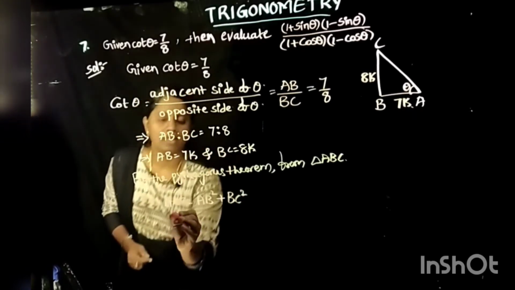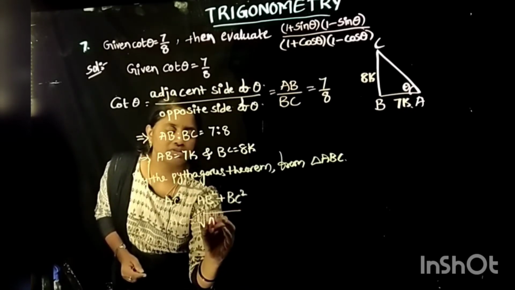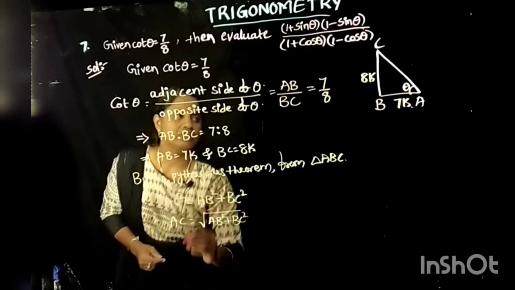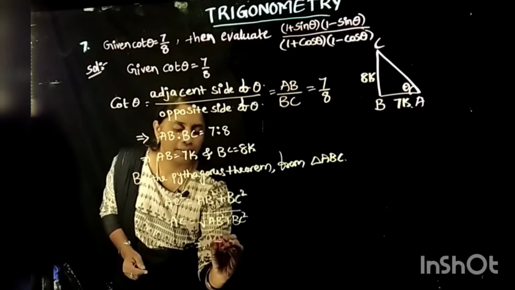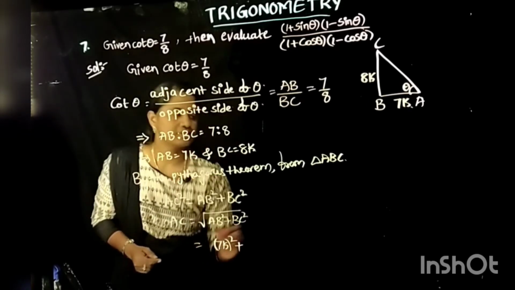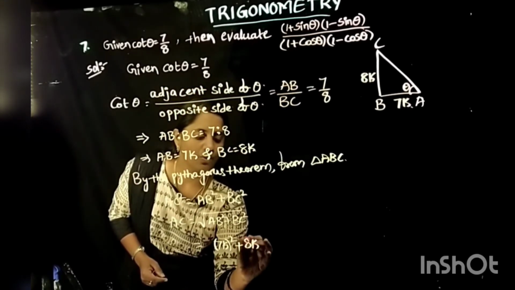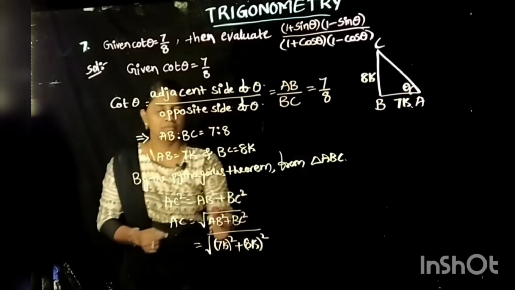From this, AC is equal to root of AB square plus BC square. What is the value of AB here? 7K whole square. Next, what is the value of BC? 8K whole square. It is under root.